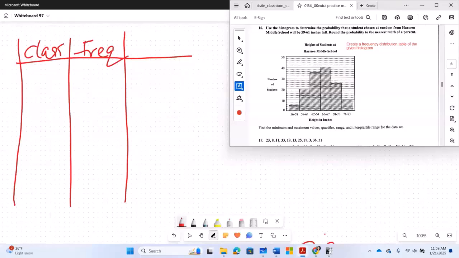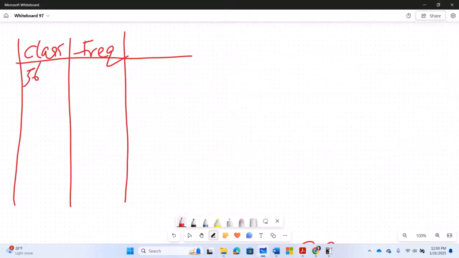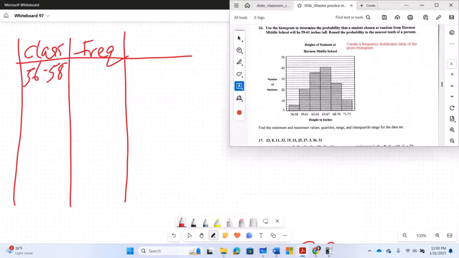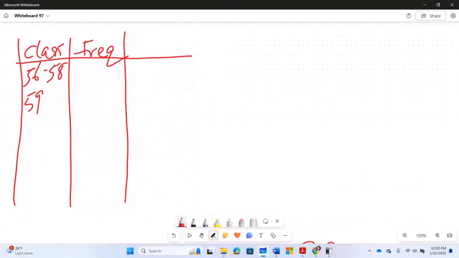So when I see the horizontal axis, I know that the first class is 56 to 58. The next one is 59 to 61, and I can actually continue from there without looking at my table anymore. 59 to 61.